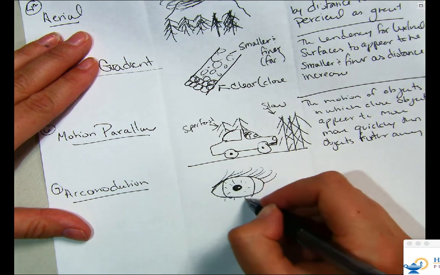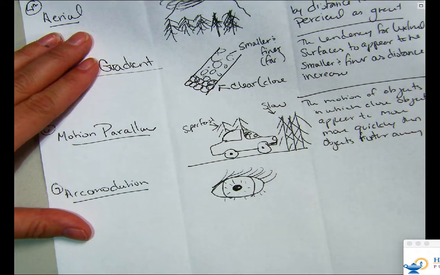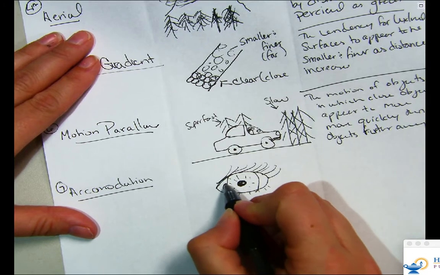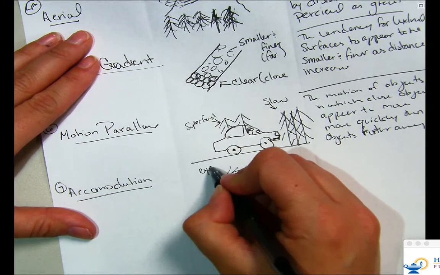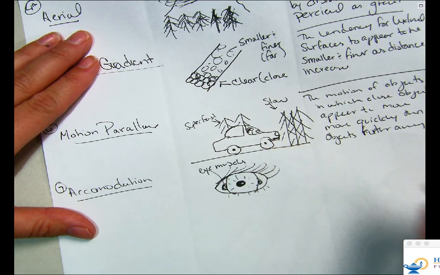So it doesn't look so creepy when we're looking at it. Alright, so next to your eyes, you have eye muscles that move it around. So these are your eye muscles.